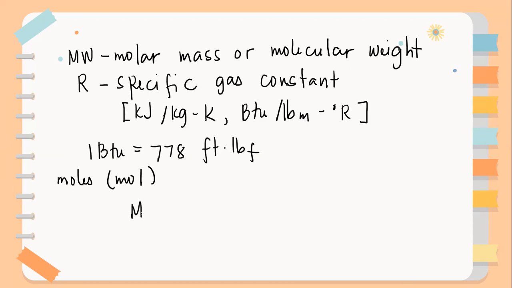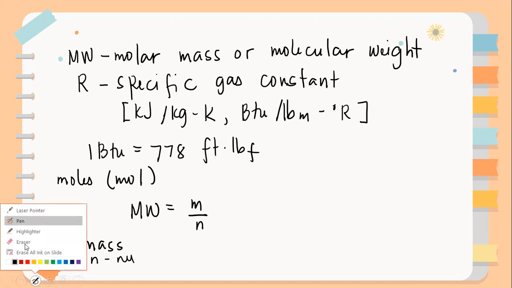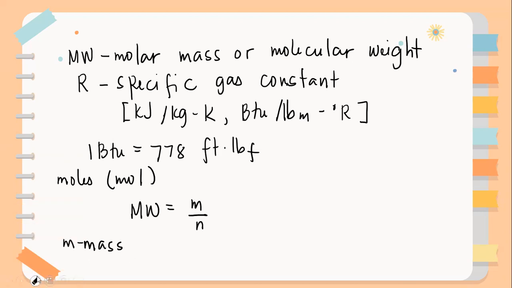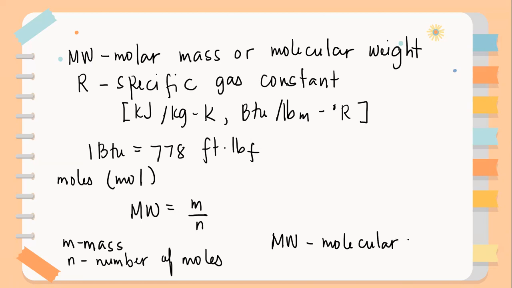Now we have MW is equal to M over N, where M is the mass, N is the number of moles, and MW is the molecular weight.